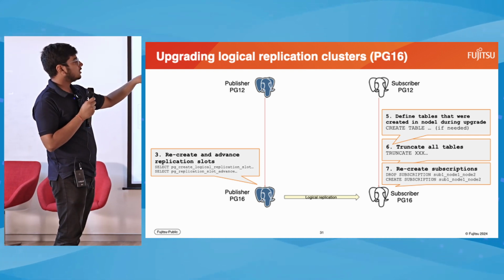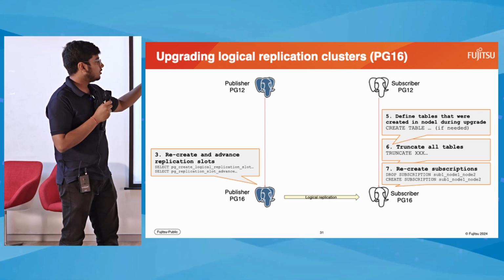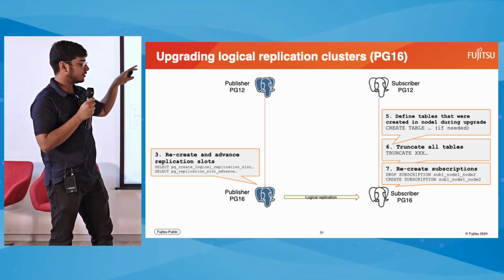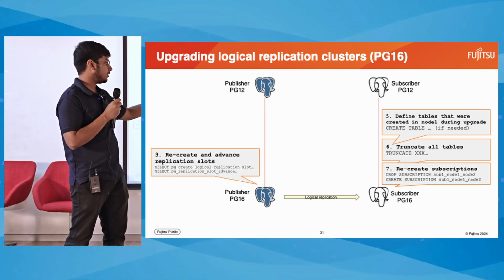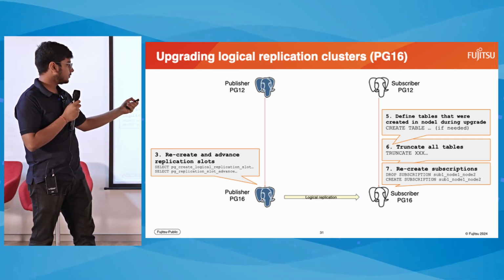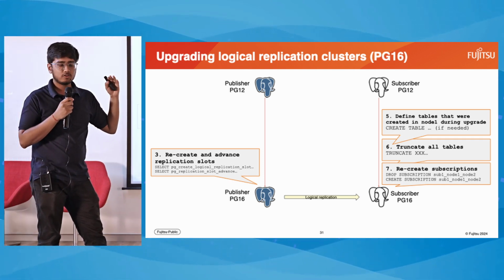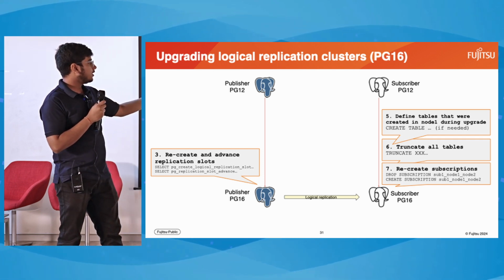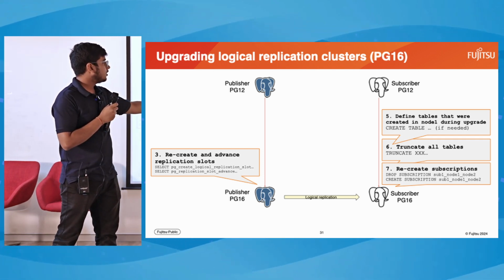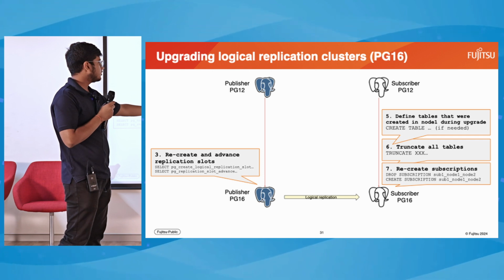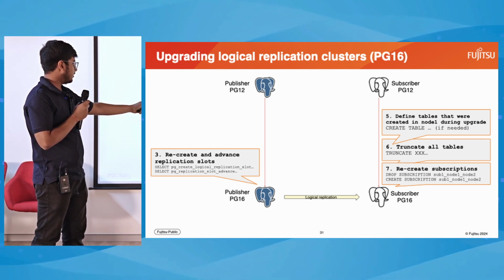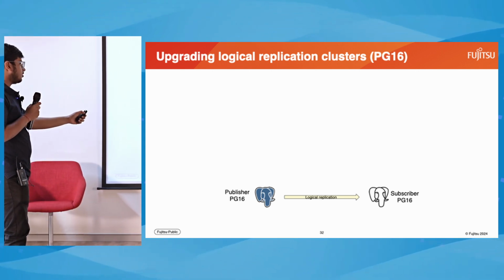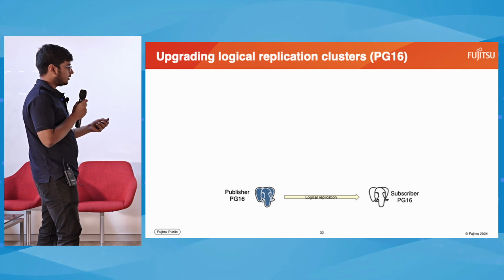So that's why we create the tables which were created during this time on the subscriber node, so data corresponding to that is replicated. So yeah, next step we truncate all the tables and recreate the subscriptions. And yeah, that's how our logical replication is set up after upgrade.